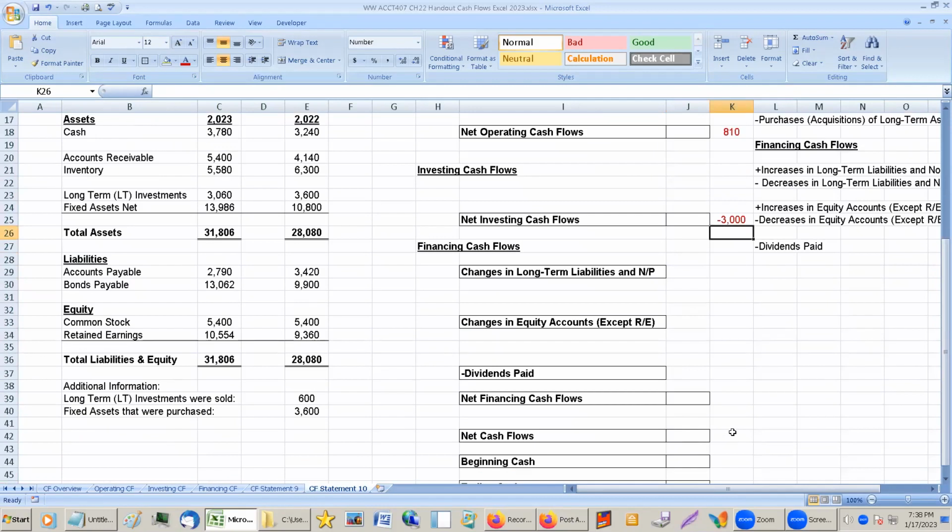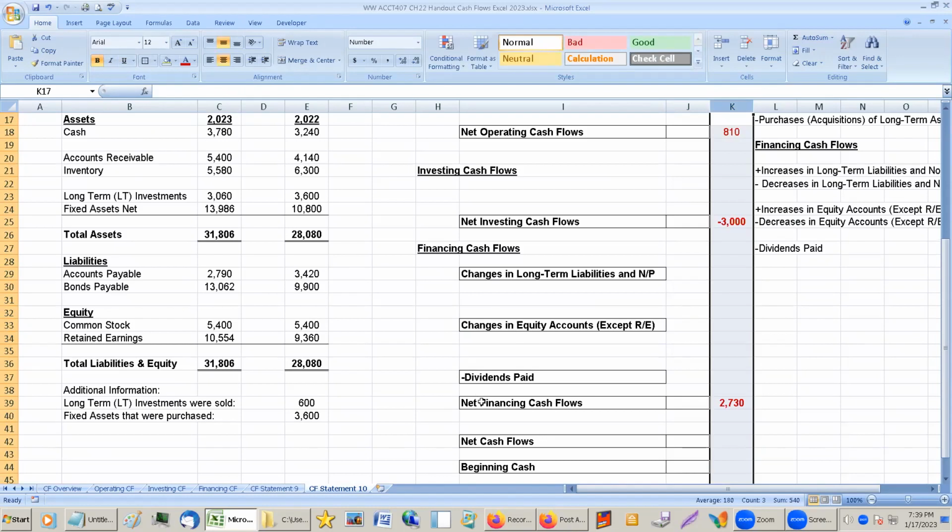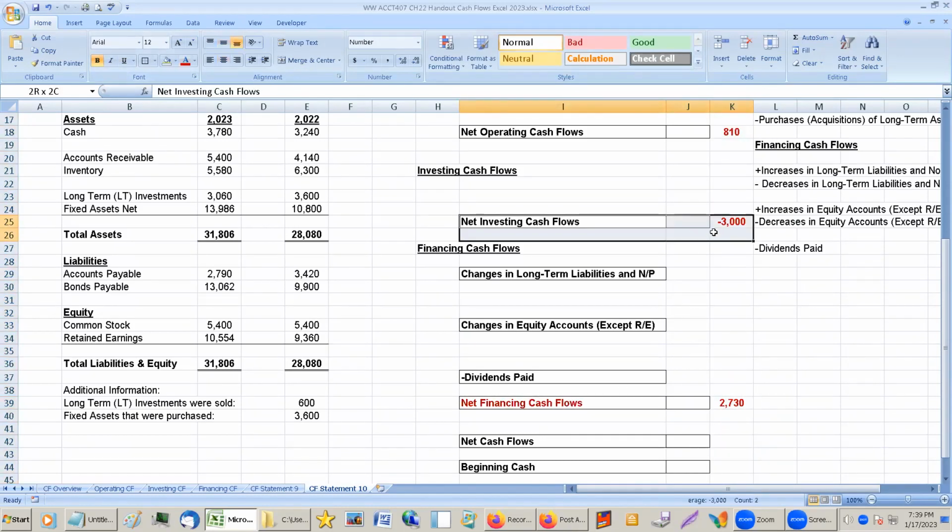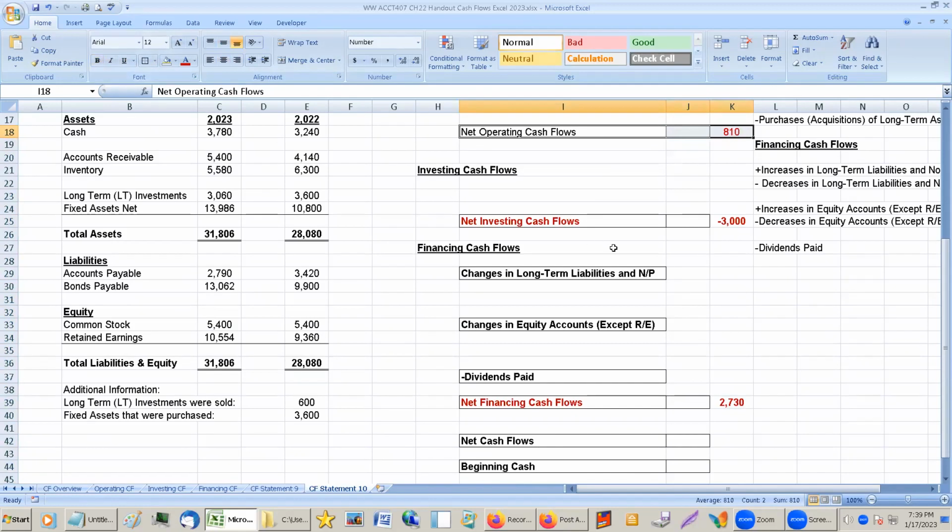And net cash flows for financing is 2,730. So I'll let you guys work on that on your own.